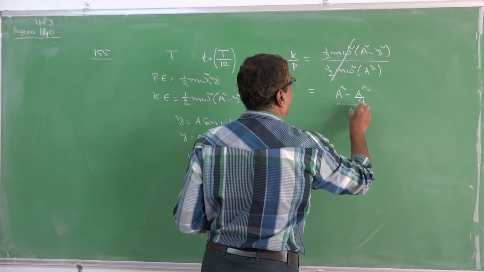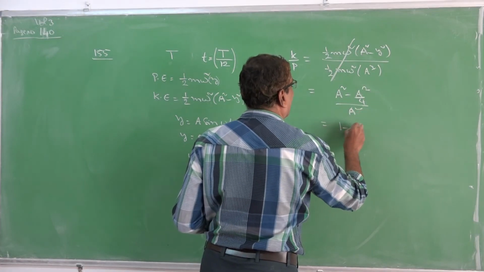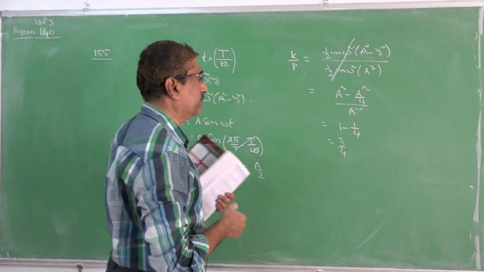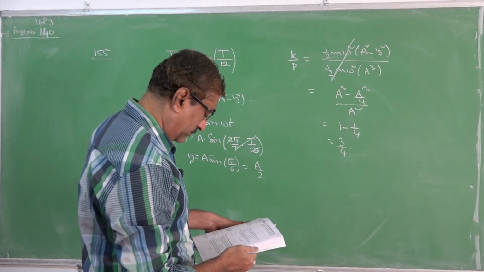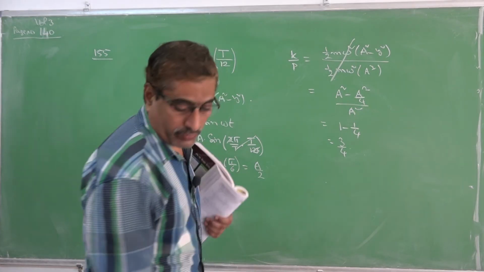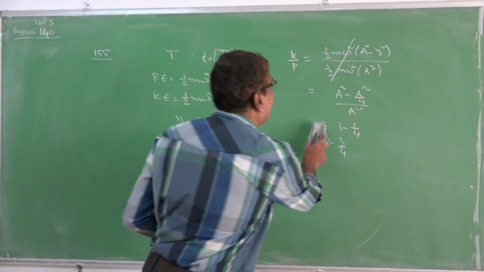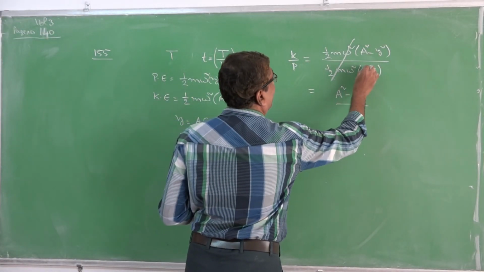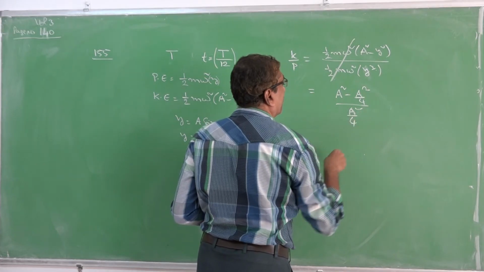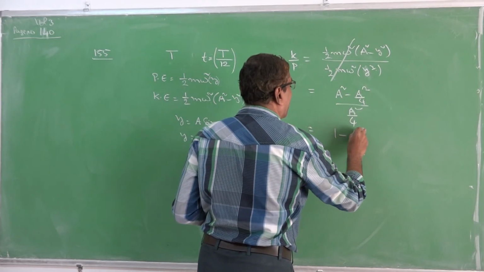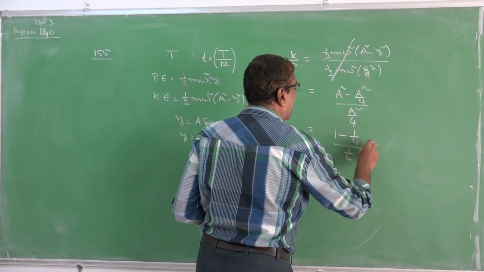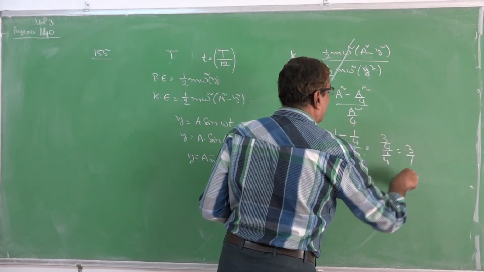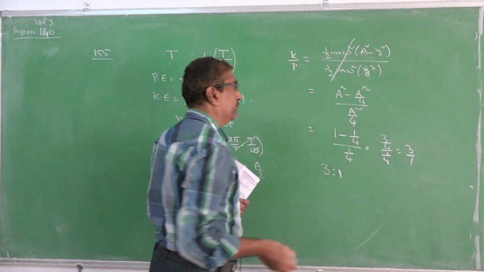Cancelling, 1 minus 1 by 4 by 1 by 4, that is 3 by 4 by 1 by 4, that is 3 by 1. So the ratio is 3:1.